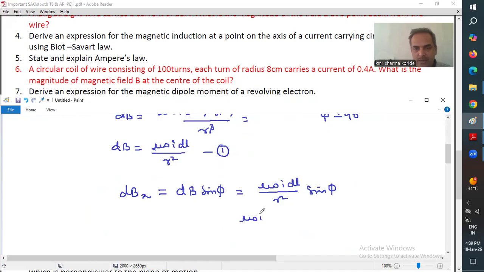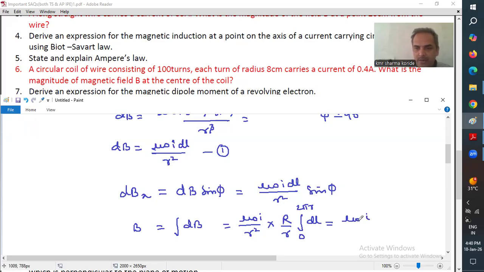So mu naught I divided by r square, and sin phi is opposite by hypotenuse. Let us integrate this one, dl, which gives B. The integration limits of dl will be 0 to 2 pi r, because the element can be taken along the circumference of the circle at any point.